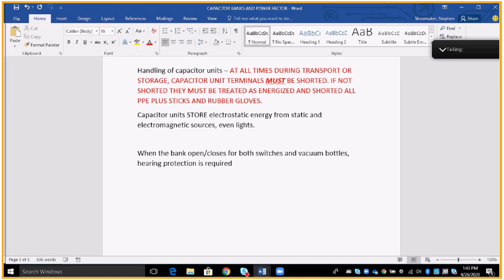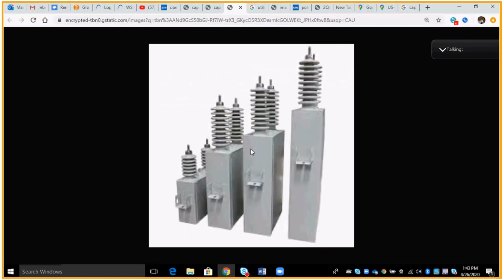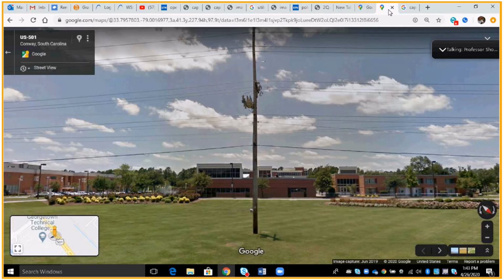Even down here at the bottom of the pole in these situations where we're working on something like this, or if you're up in the bucket with a stick, or if you're using an extension stick, the potential of a fuse blowing is there.